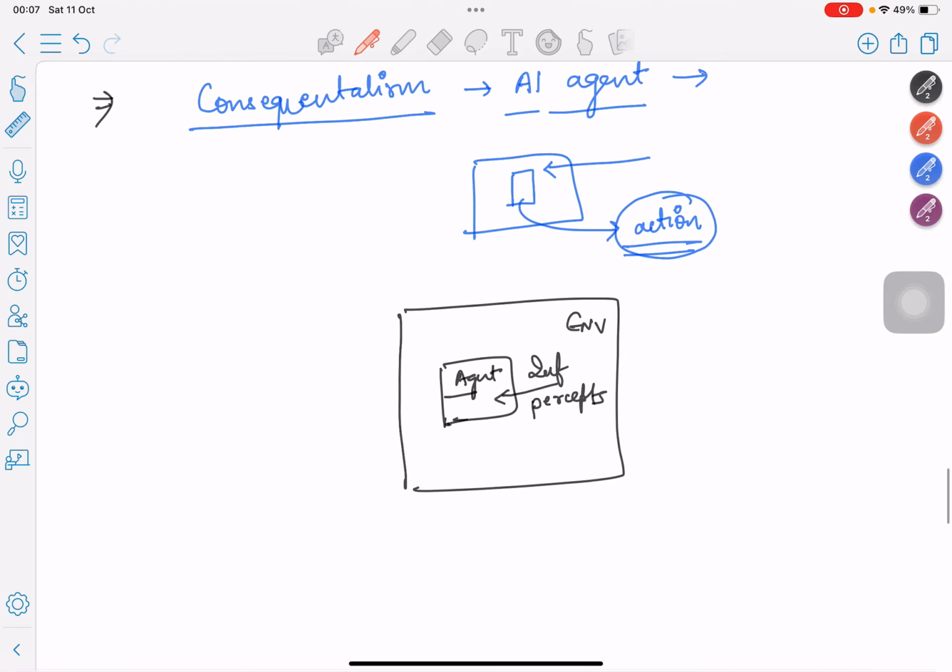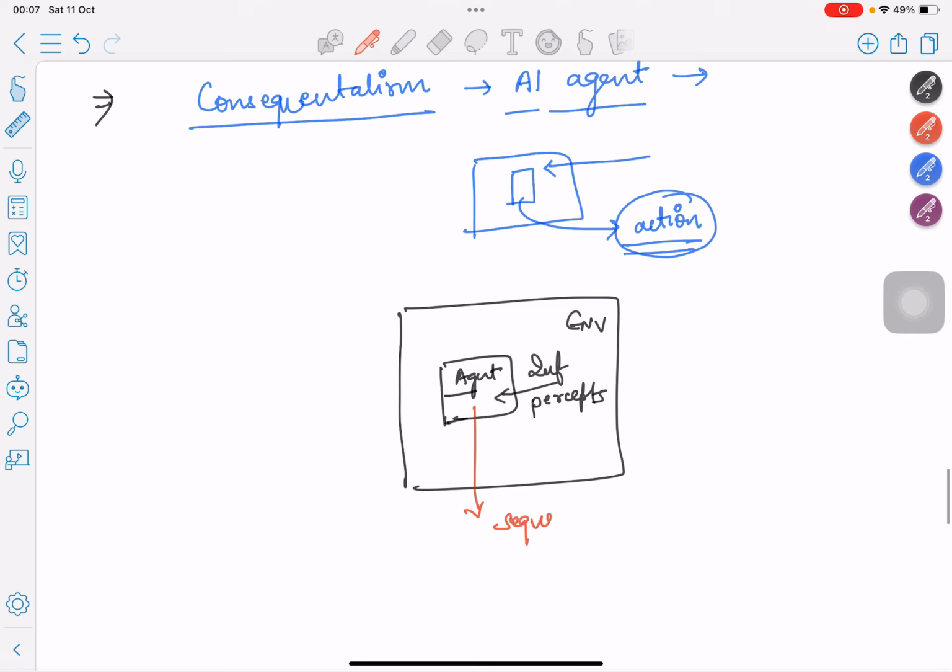Once it takes a sequence of actions based on the sequence of perceptions, and these actions are performed on the environment, there will be a shift in the states of the environment.